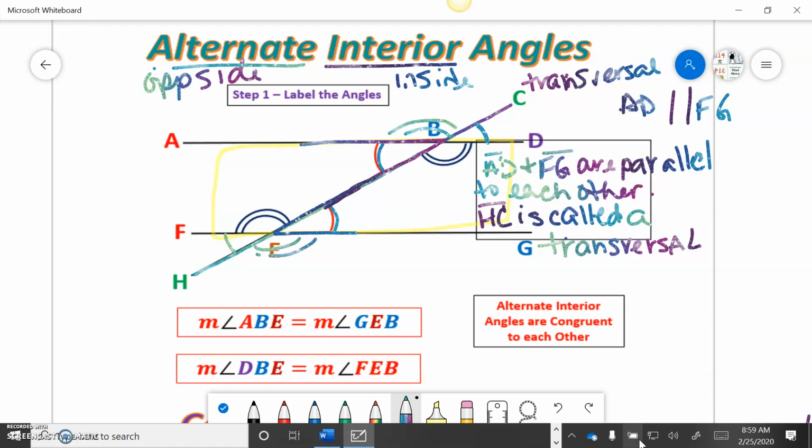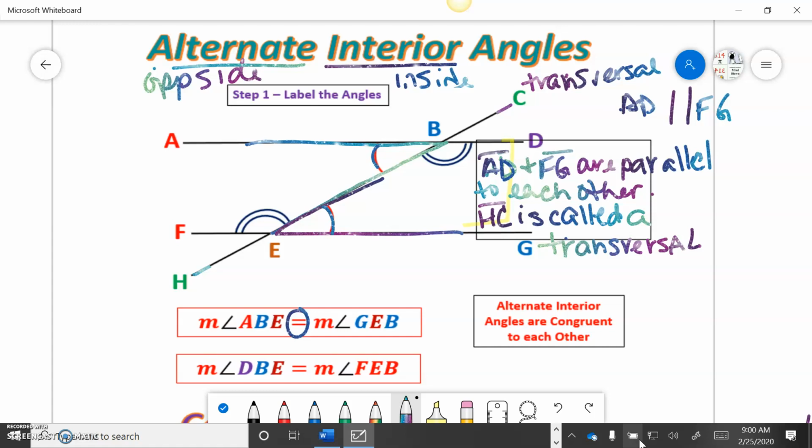All right, so it says angle. I'm going to go ahead and erase some of this so we can see what's going on a little bit better. So it says angle ABE, which is here, and angle GEB. It says they're equal, and you can see that with the one line. That is because they're on opposite sides of this transversal, and they are on the inside of the parallel lines.